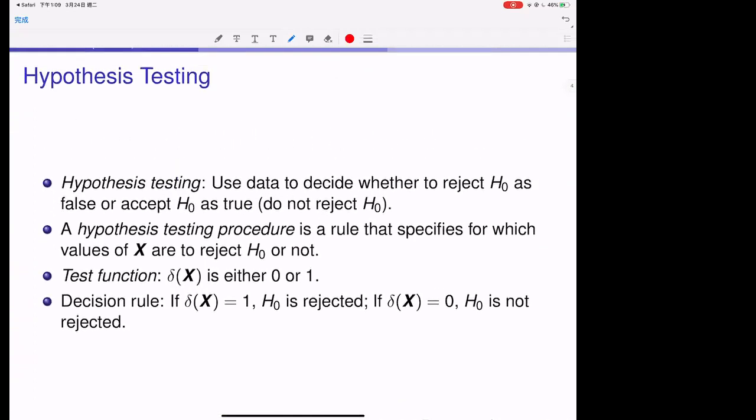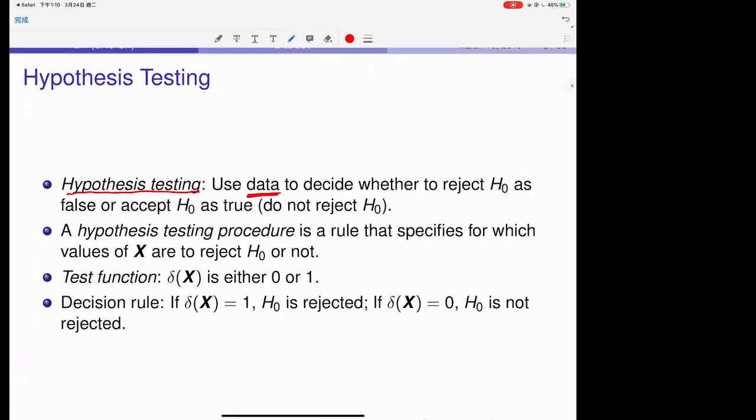Okay, so let me introduce a really important mathematical notation, the so-called test function. So when we do hypothesis testing right here, basically we are using data, right? We collect data to decide whether or not to reject the null hypothesis. This term is very critical.